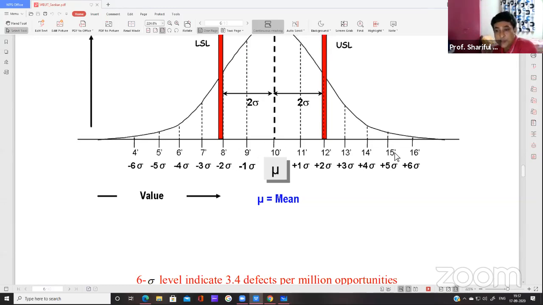5 sigma level is nothing but from mu, if we just move 5 sigma distance to the right and 5 sigma distance to the left. Similarly, 6 sigma is nothing but from the mean, if we move 6 sigma to the right and 6 sigma to the left.